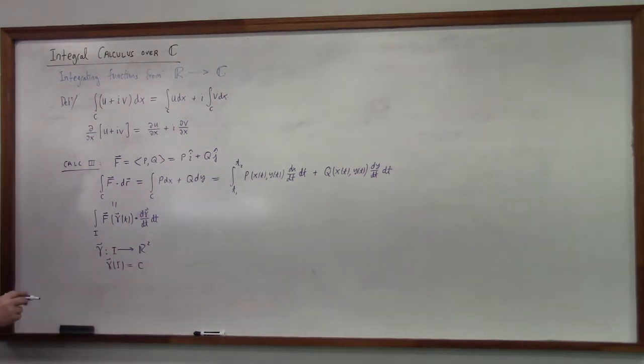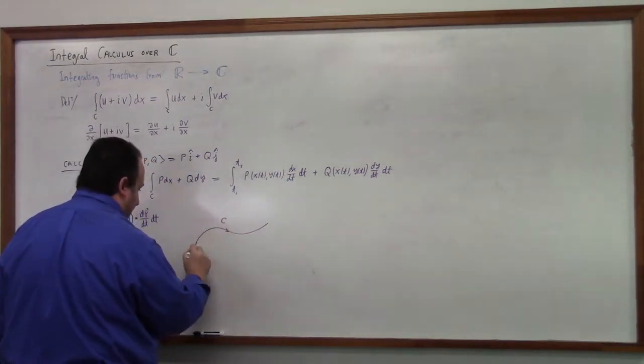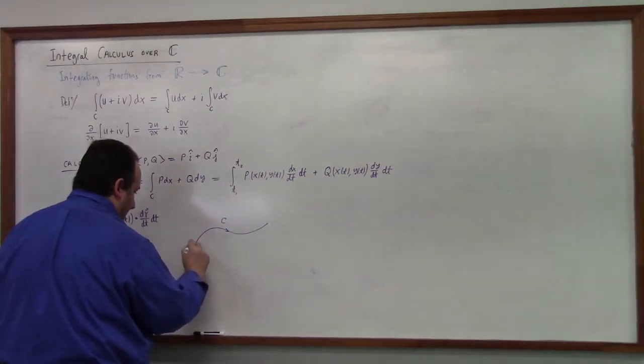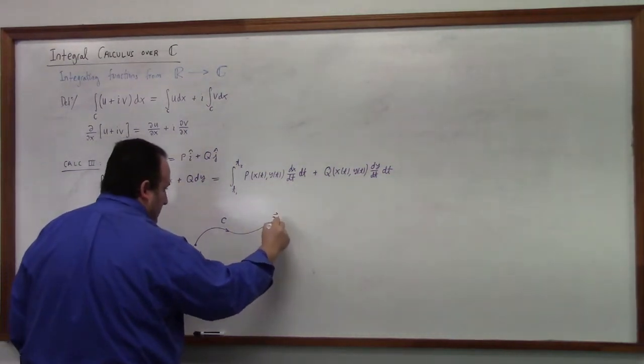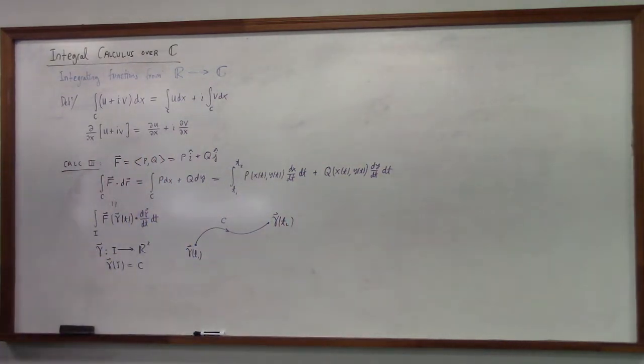So the picture here is something like, here's your curve, it's oriented, going from gamma of t1 over to gamma of t2. And what did we call this? This was the line integral, right? Or the contour integral. We usually call it a line integral. What is it physically?